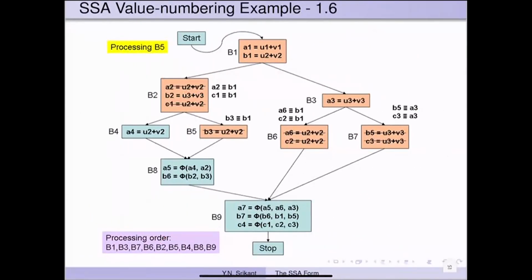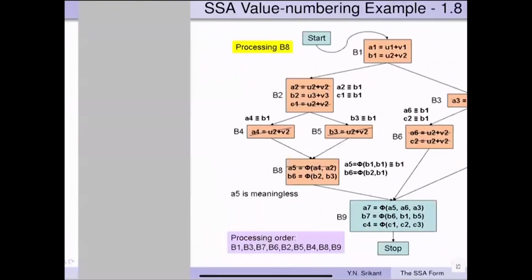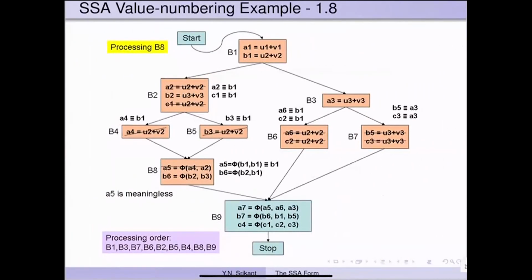Then we process B5, which is again U2 plus V2. So we have B3 as equivalent to B1. Similarly, A4 equal to U2 plus V2 becomes A4 is equivalent to B1. Then we visit B8. Here we have A5 equal to phi of A4 comma A2.